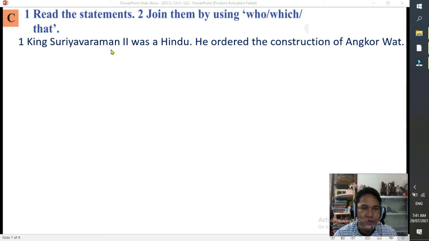So example, we have these two sentences. Yeah, one sentence ends in a full stop, and the second one starts from here until here. Number one, King Suryavarman II was a Hindu. And then he ordered the construction of Angkor Wat.